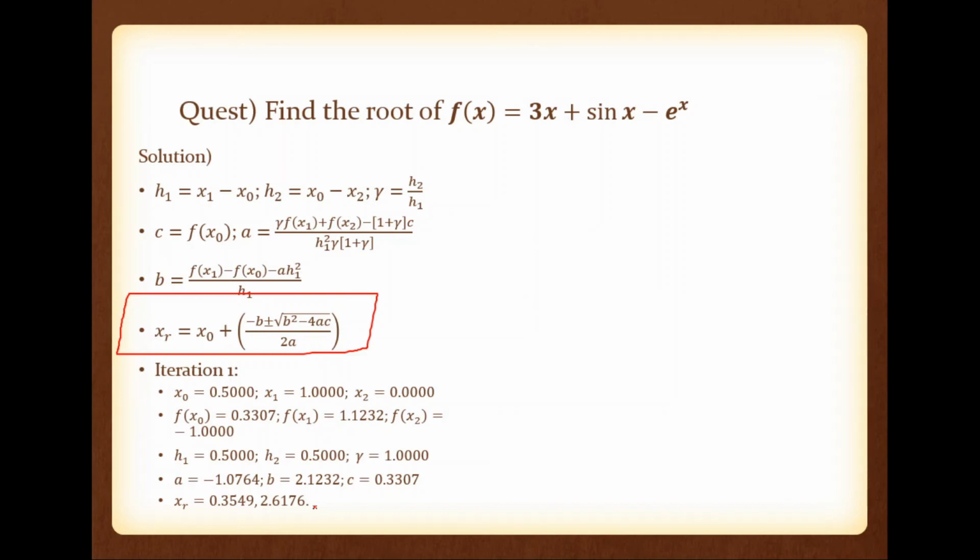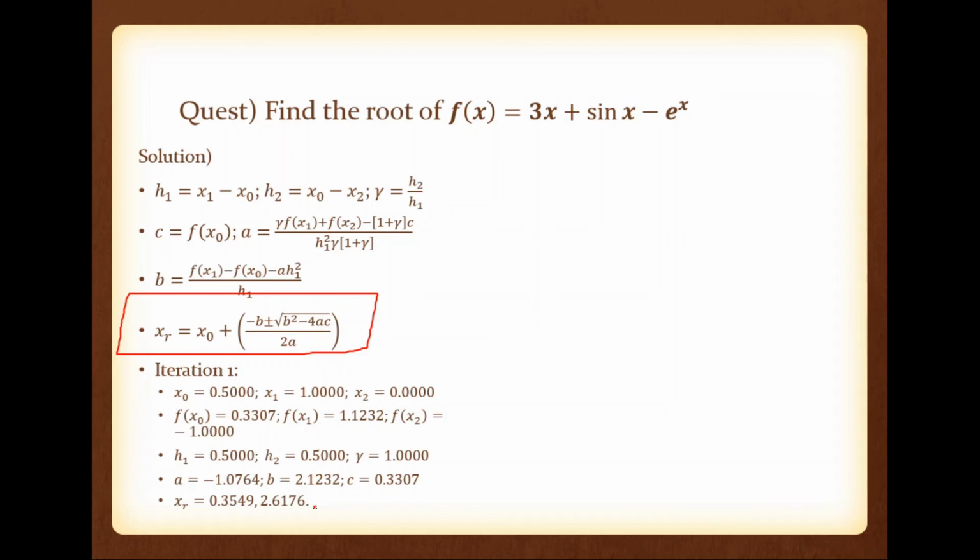Which one? Normally everybody is selecting the value which is very close to x0. Why? I already told you we have three initial conditions, x0, x1, x2. Out of these three initial conditions, x0 must be very close to the actual root, means f of x0 must be the smallest one. So here you can see that two xr values are there, 0.3549, 2.6176.